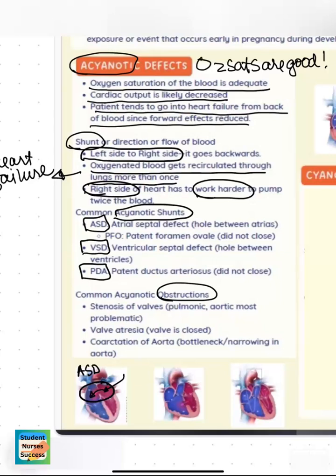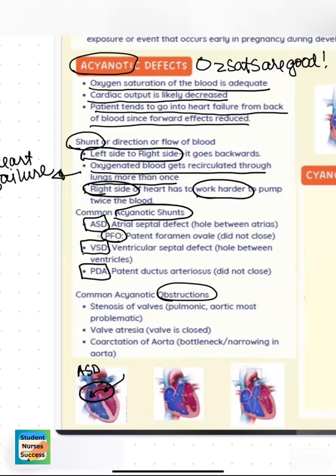So the right side actually has to recirculate that blood twice. Now, a patent foramen ovale is sometimes very similar to an atrial septal defect because the foramen ovale is between the two atria. So a PFO, or a patent foramen ovale, can also cause these same symptoms.